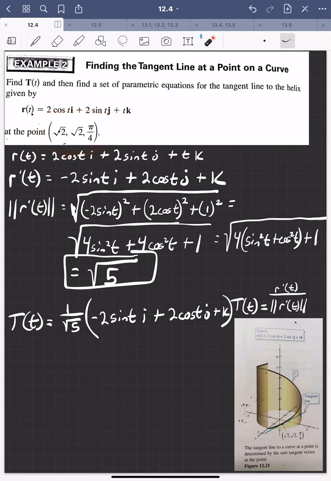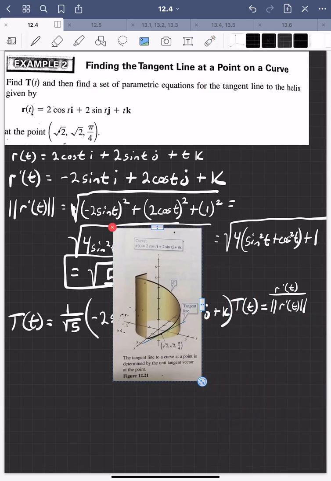So how do we, hopefully, because we can become saturated with material, but what do they mean, find a set of parametric equations? Well, it should make sense that a set of parametric equations for a tangent line. So if you don't mind, let's take a look at the geometry of what this question's asking.